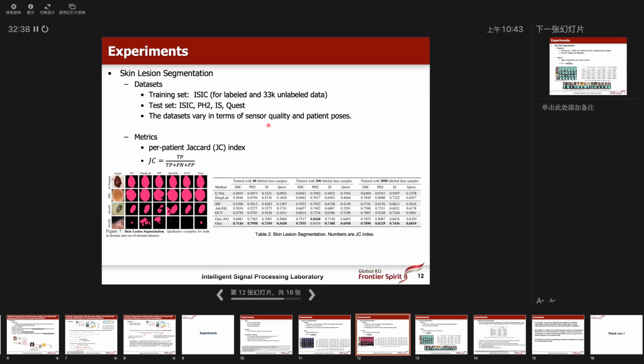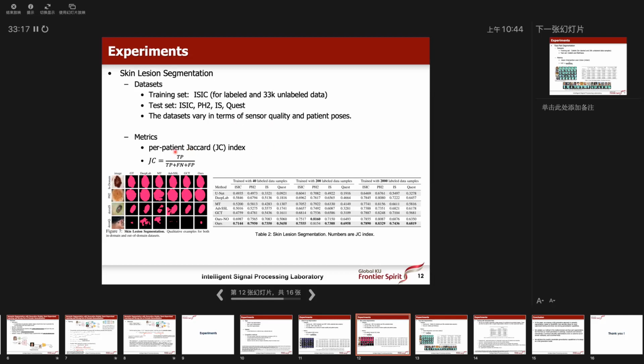The second task is skin lesion segmentation. The experiment setup is similar to the chest segmentation, and the dataset for training is ISIC, and there are 13,000 unlabeled images. The test set comes from the test set of ISIC and 3 other medical datasets. They also vary in terms of sensor quality and patient poses.